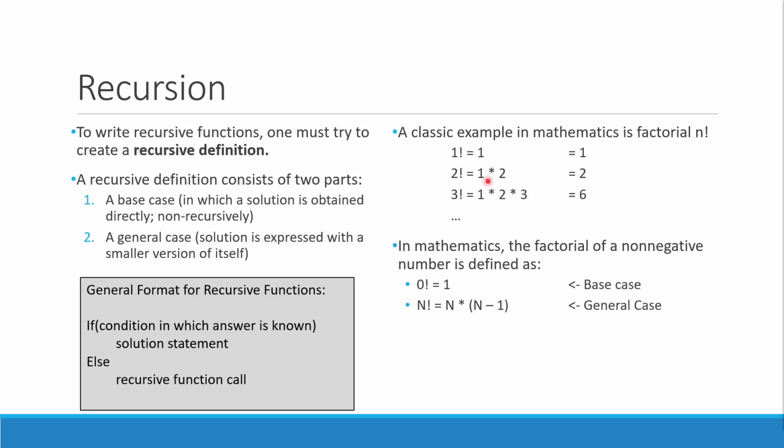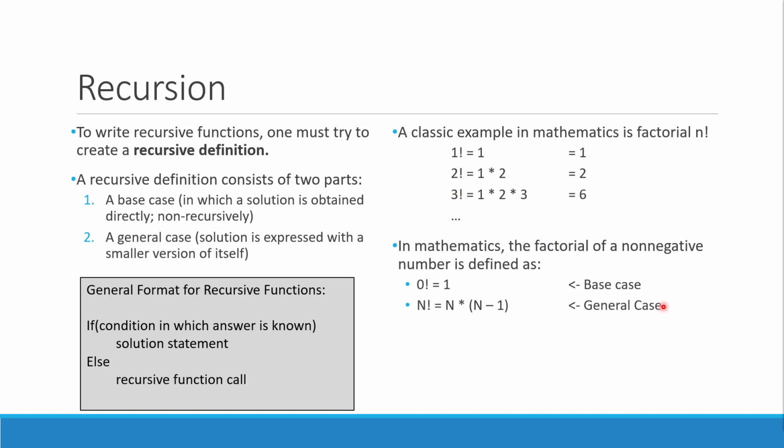So 1 factorial equals 1. 2 factorial equals 1 times 2. 3 factorial equals 1 times 2 times 3. So n factorial equals 1 times 2 times 3 all the way to n. Okay? So we get 1 factorial equals 1. 2 factorial equals 2. 3 factorial equals 6. So on and so forth. So you get the picture, right?